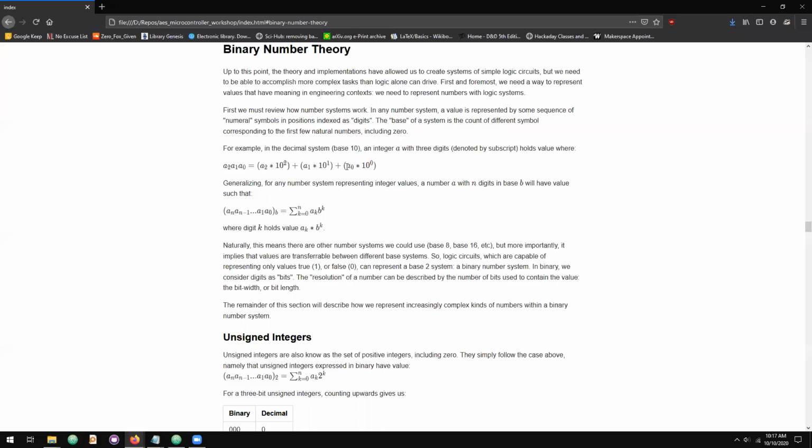We have the value itself, 0 through 9, multiplied by 10 to the 0 power, which is just 1. So for any digit's place, we can represent 0 through 9. But as soon as you start chaining these sequences of digits together, things become more interesting because now you can represent values higher than just the base set of digits.